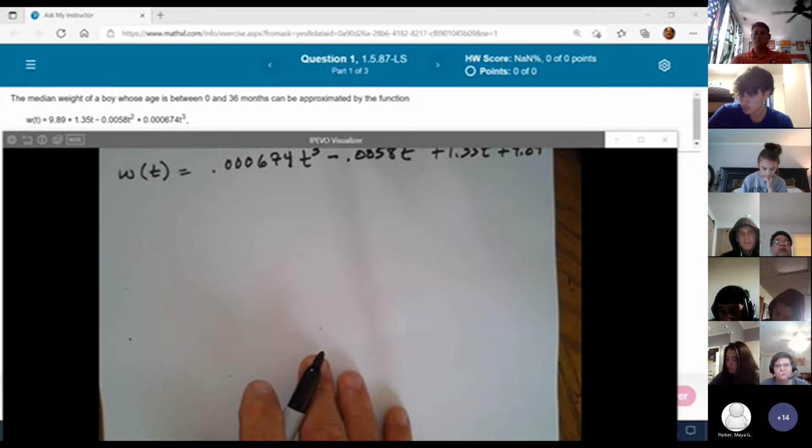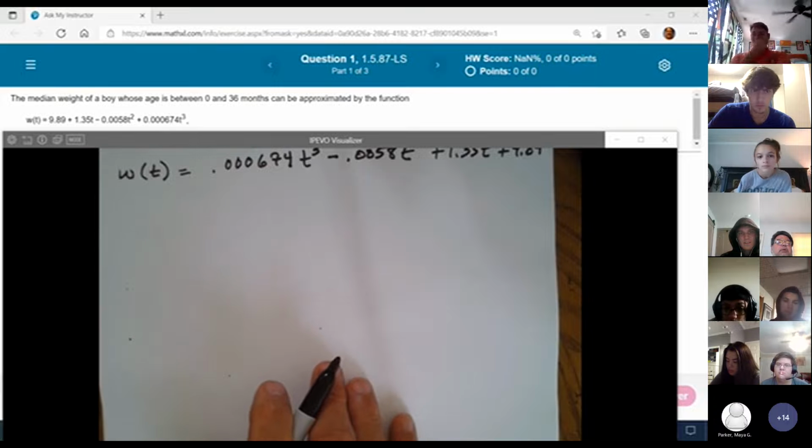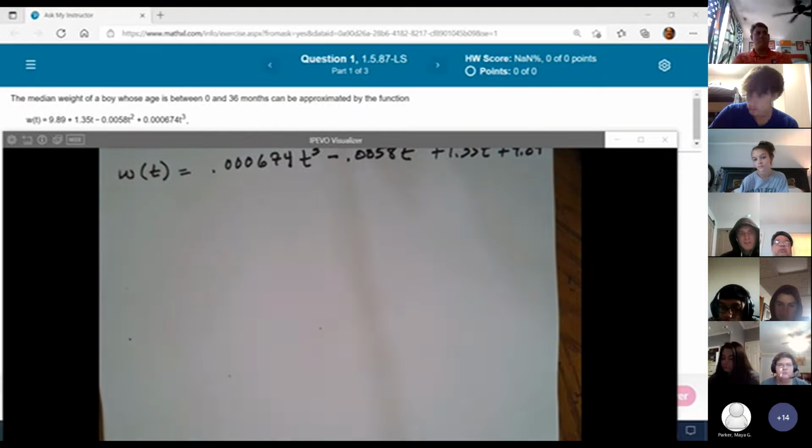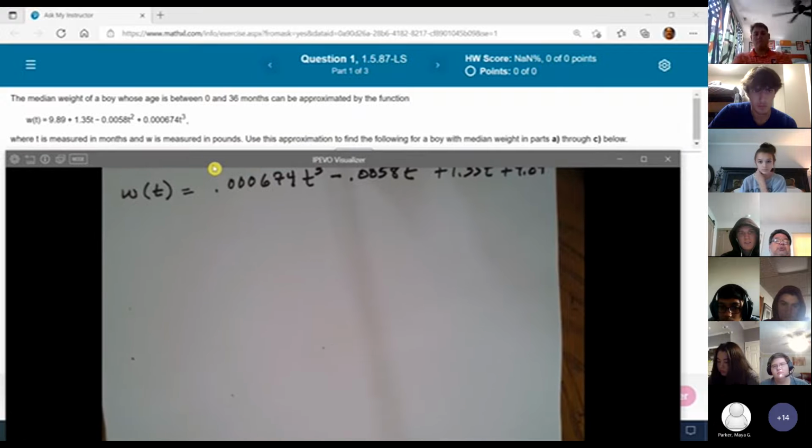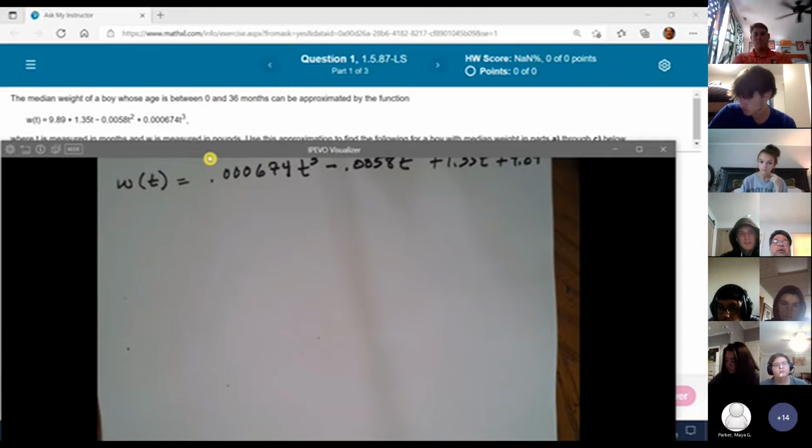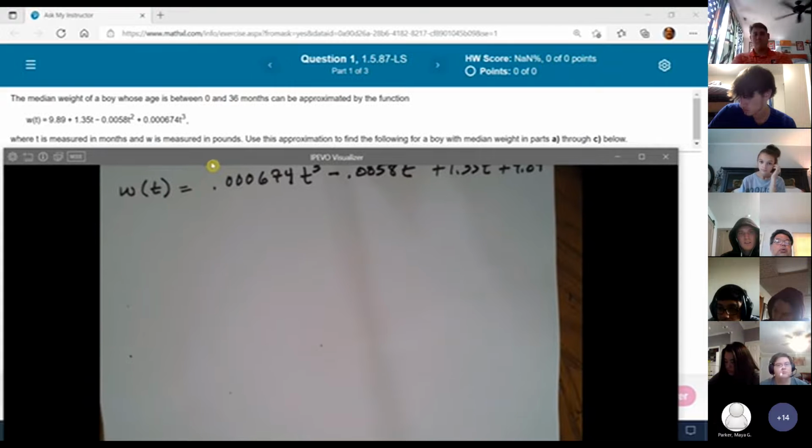So t is time, in months, and W is weight. Where t is measured in months, and W is measured in pounds.